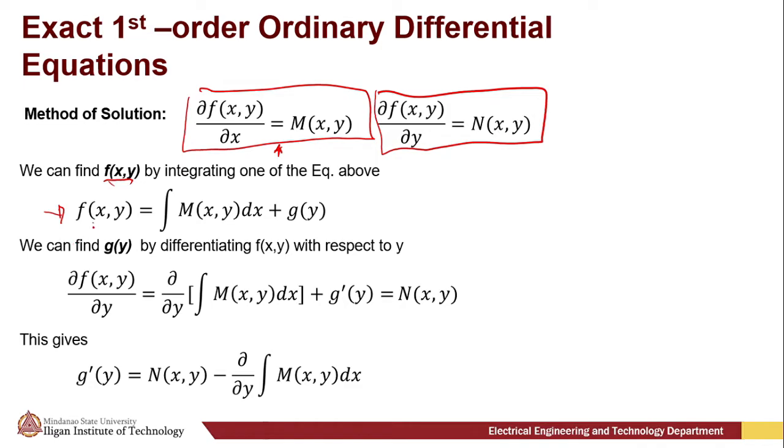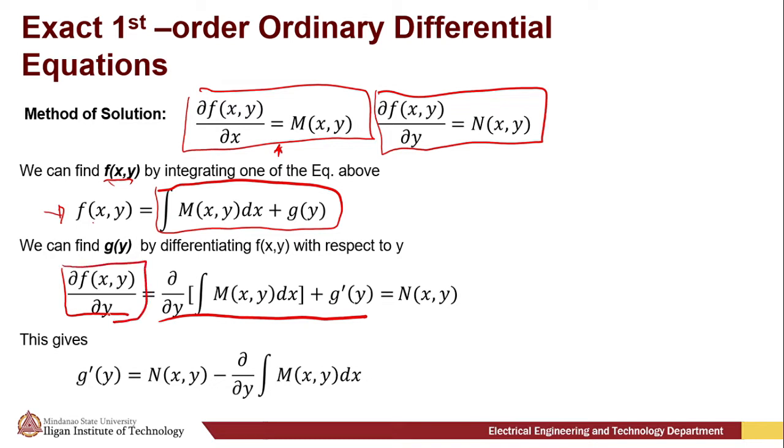So we take the partial derivative of f(x,y) with respect to y, differentiating this whole expression with respect to y. And if you notice, this partial derivative of f(x,y) with respect to y is equal to N(x,y), which we assumed at the beginning.